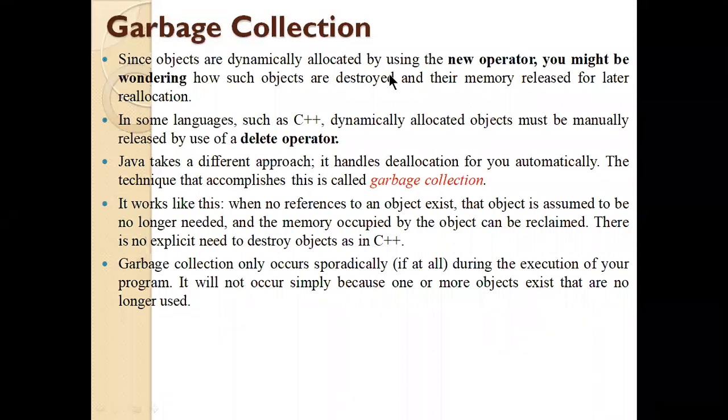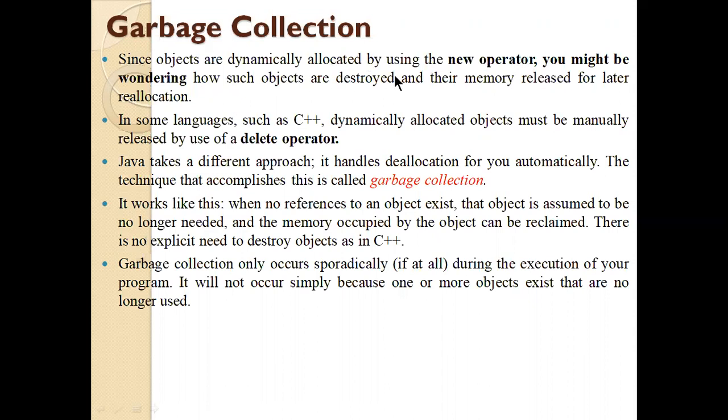So once we say that creation is there, then how is deallocation of the memory done, or how is the object destroyed, and how is the memory released? Allocation and deallocation are opposite terms.